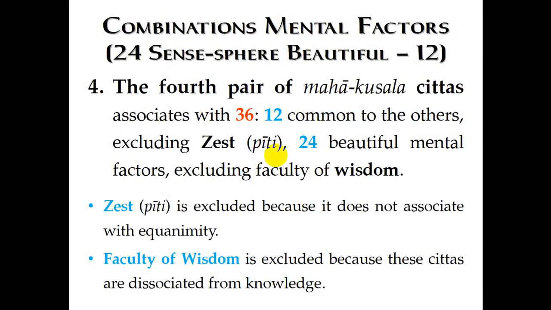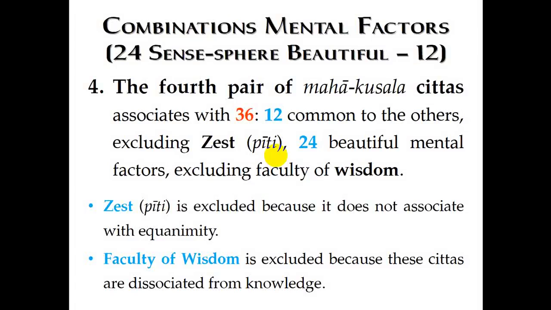What I want to tell you is that Mahavipaka Cheta, sense-sphere beautiful resultant Cheta, it's too long. Mahavipaka takes the object that is connected with the senses. In Pali, we call it Kama, Kama Cheta.